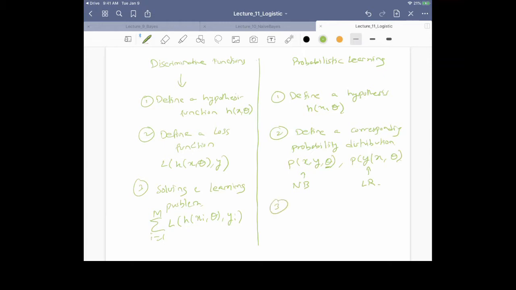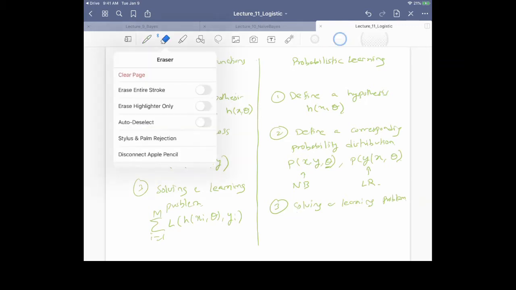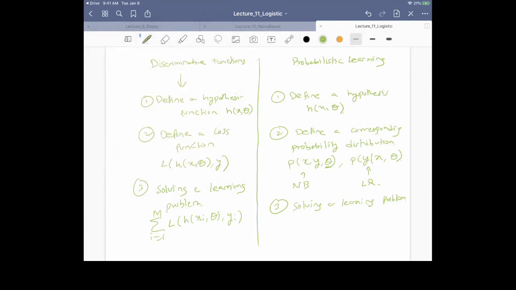Now the learning problem is, we still solve a learning problem, but it is now to maximize the maximum likelihood estimation problem or the MAP problem.